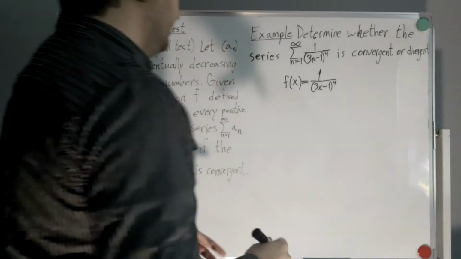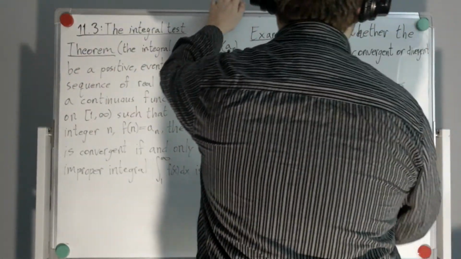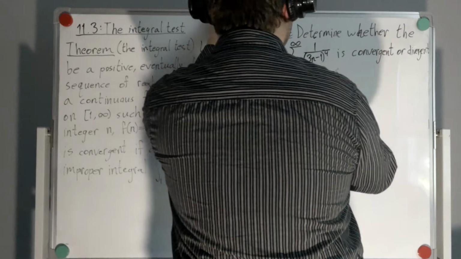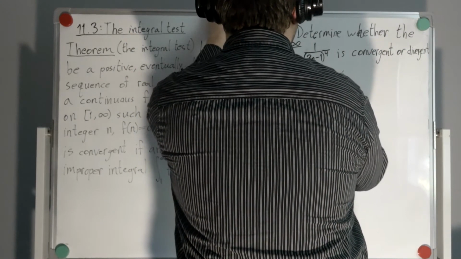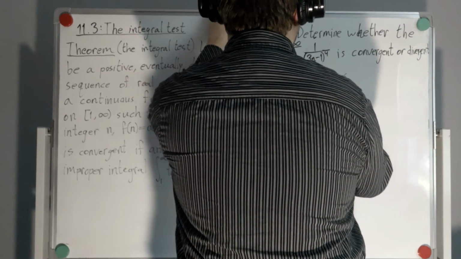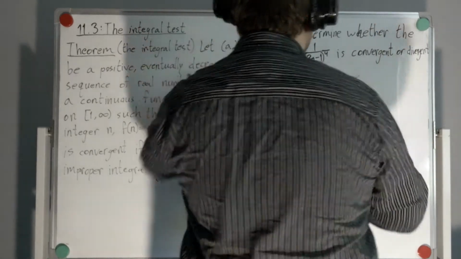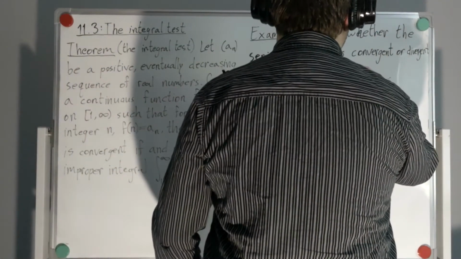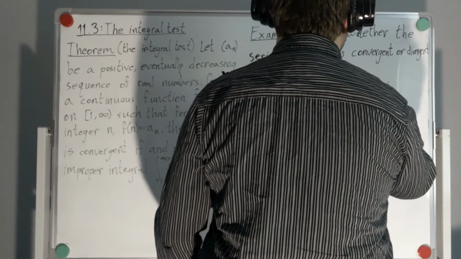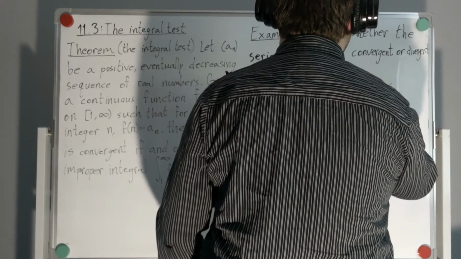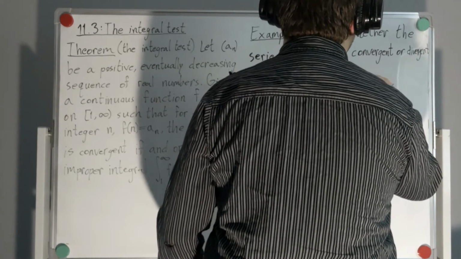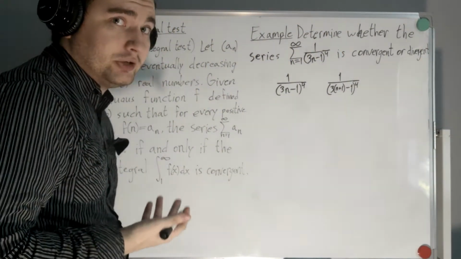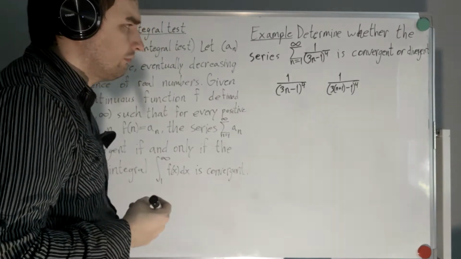But also, let's just think about this for a second. 1 over (3n minus 1) raised to the 4th. If you take 1 over (3 times (n plus 1) minus 1) raised to the fourth, that would be the next term in the sequence, right?